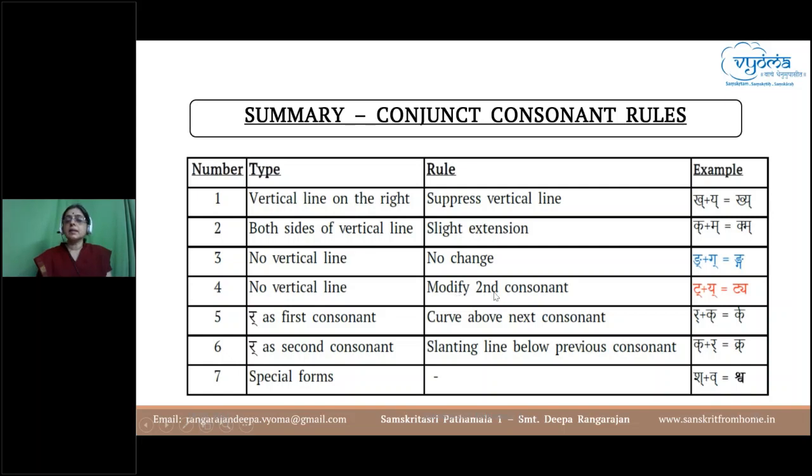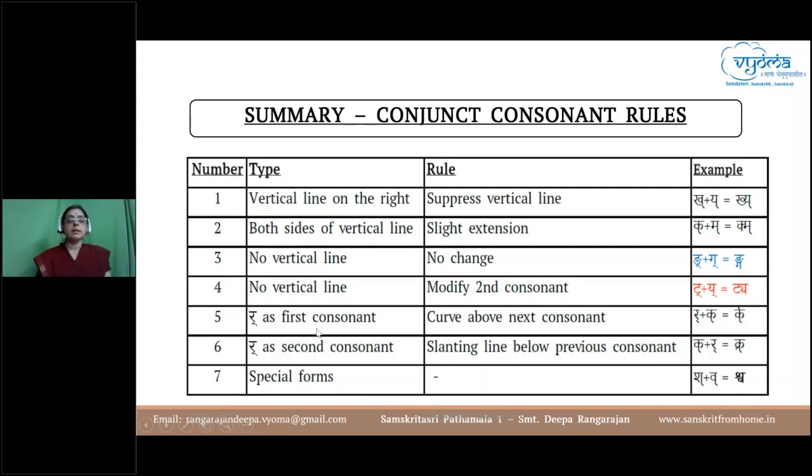Or the second consonant undergoes a change. Suppose there is a consonant which has no vertical line and it comes first in the set of consonants, then it appears as such. The next consonant undergoes a change in shape, like in takara with yakara, where the yakara, if you observe, there is a change in shape.